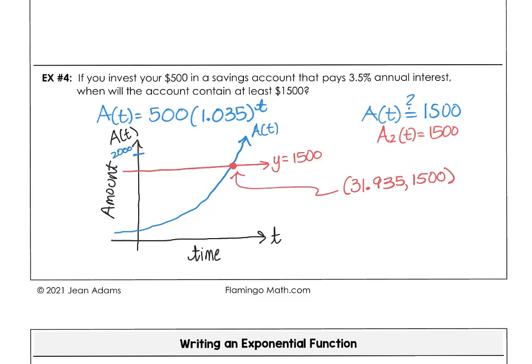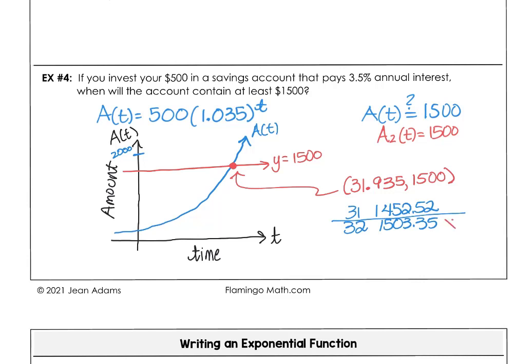the graph crosses 1,500. You can also use the table feature, and you would see on a table that between 31 years, which was $1,452.50, and then 32 years is $1,503.35. This is what you would see on your table.